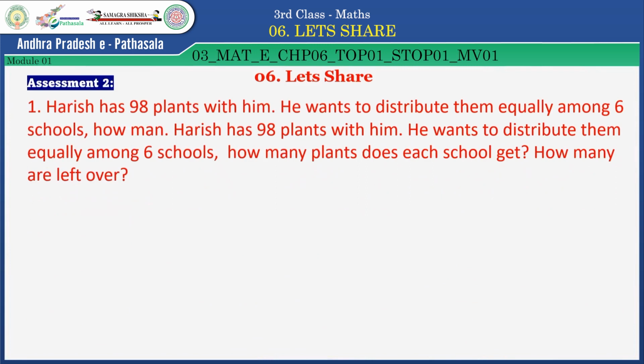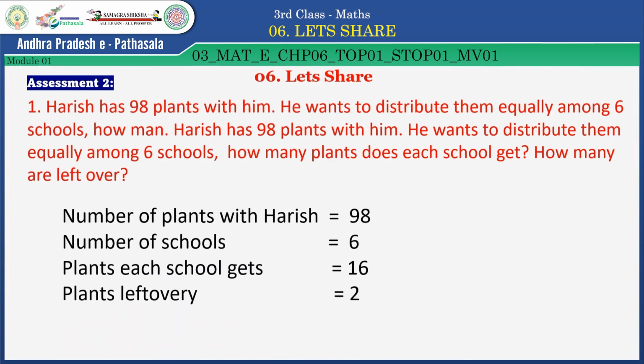See the first problem. Harish has 98 plants with him. He wants to distribute them equally among 6 schools. How many plants does each school get and how many are left over? Answer is, the number of plants with Harish is 98 and the number of schools is 6.